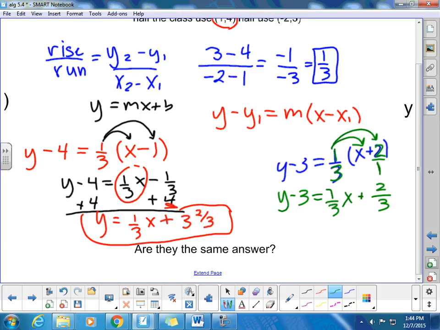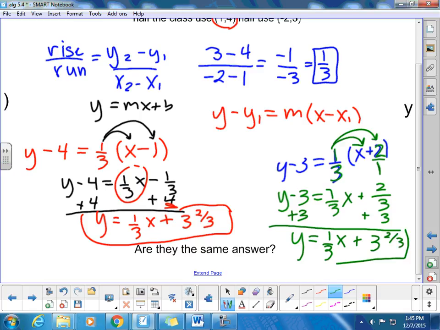So we have y minus 3 equals 1/3 x plus 2/3. The next step we have to do is get rid of this 3, move it over. So I'm going to add 3. I have y equals 1/3 x. 3 plus 2/3 is 3 2/3.